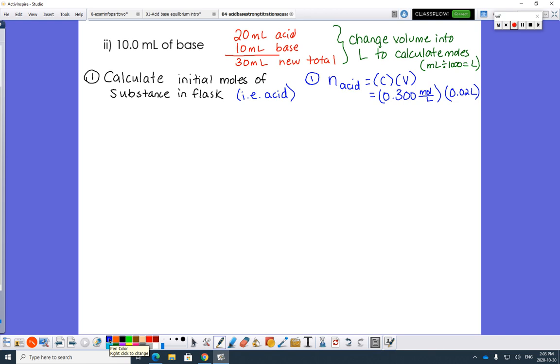If you need a little reminder for yourself, milliliters divided by 1,000 is liters.